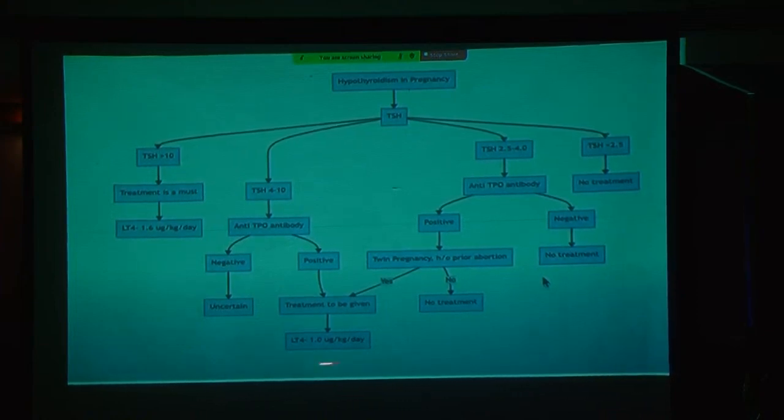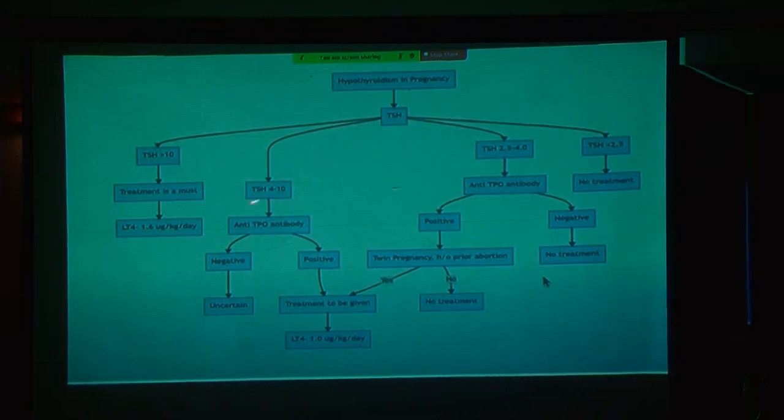If the anti-TPO is positive, there is no question that the patient should be treated, because Hashimoto's thyroiditis, autoimmune thyroiditis, is the commonest cause of hypothyroidism in pregnancy. If the patient has anti-TPO antibody positivity, that patient should be treated.